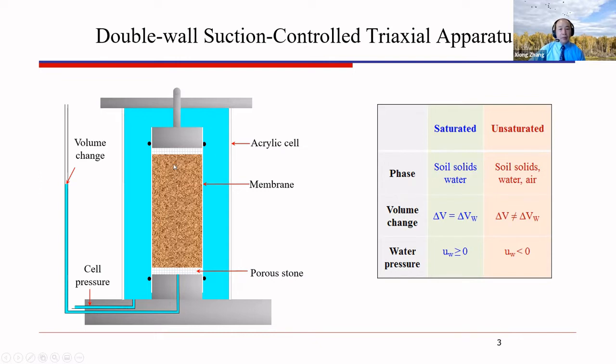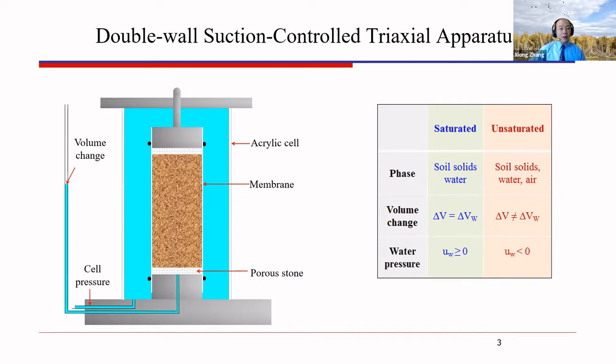As a result, the volume change of the soil specimen is equal to the amount of water flowing in or out of the soil specimen. By measuring the amount of water flowing in or out of the system, we can measure the volume change of a soil specimen. And if we want to do an undrained test, normally there is no volume change, and then we can measure the pore pressure, which is positive.